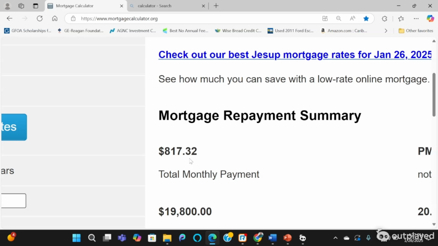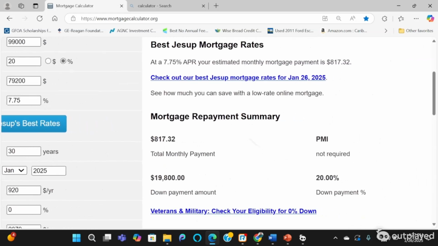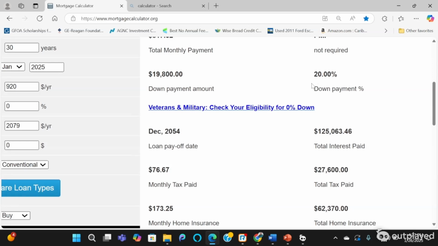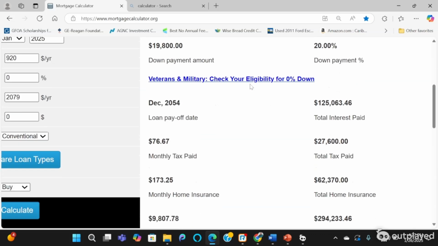So what I did was I rounded up to $818 for that monthly payment. And so this is just another calculator that I use to find out what the monthly payments will be on a property, the estimate, the down payments. If I put 20% down, you don't always have to put money down for an investment property.